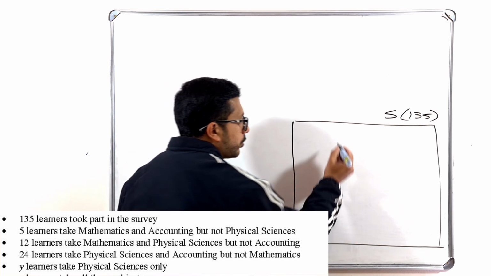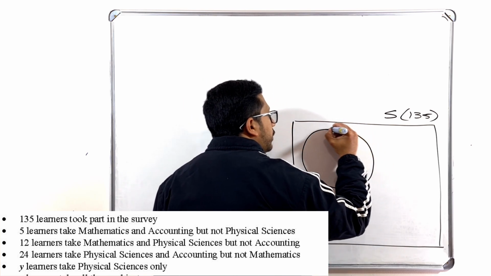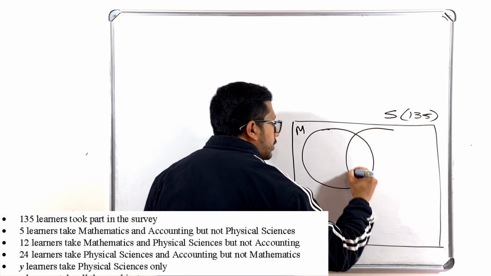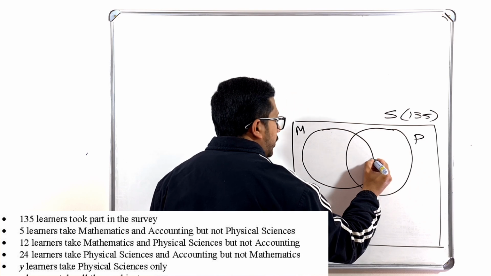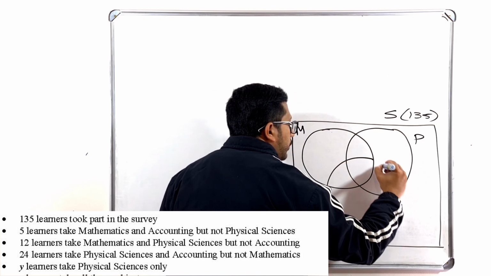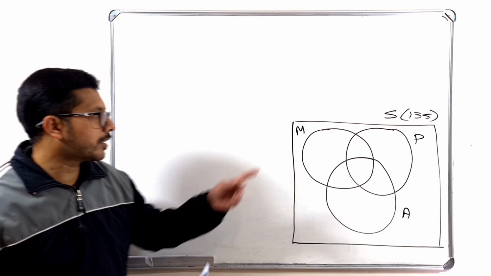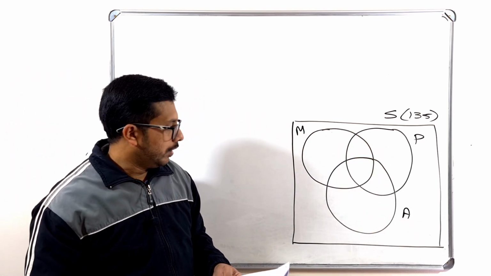Okay, so let me draw those circles here. Let's say this is maths, this is physics, and this one is accounting. So we represented maths with an M, physics with a P, and accounting with an A.